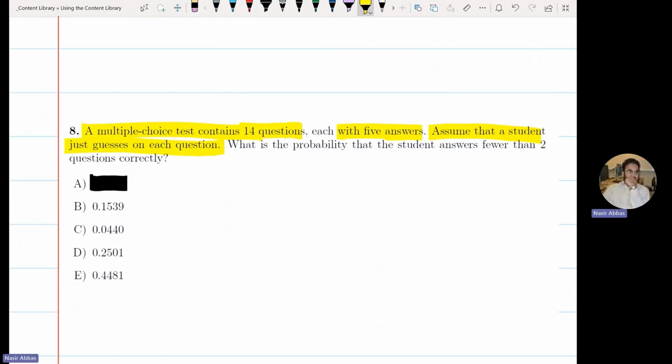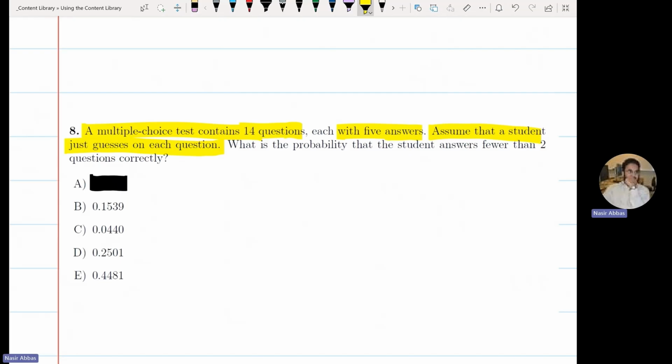What is this question about? Who said binomial? How? First, each question is a trial. Yes, and this trial has how many possible outcomes? How many results? 2 results, not 5 results.